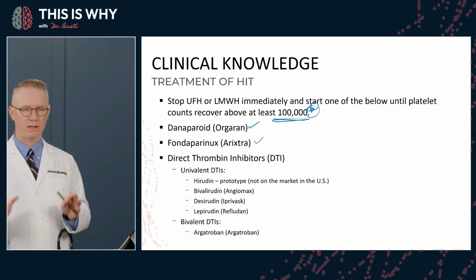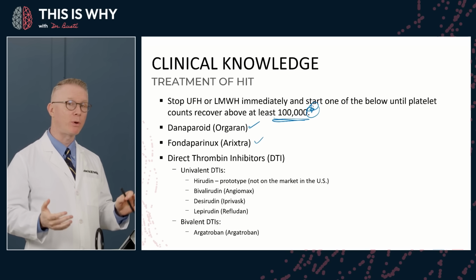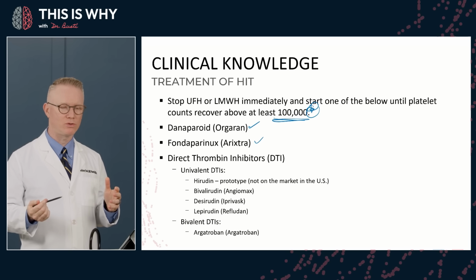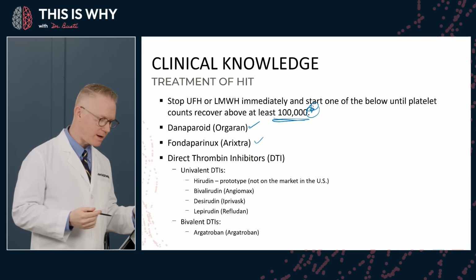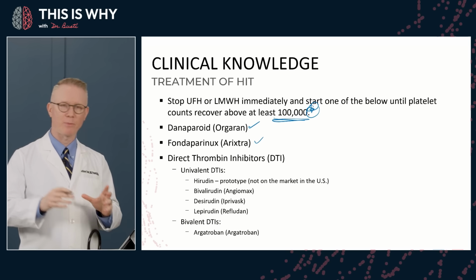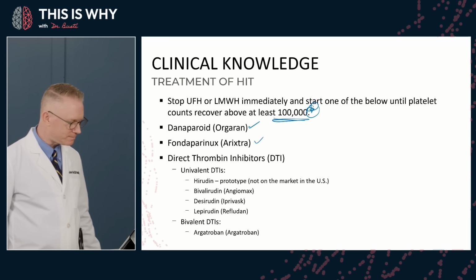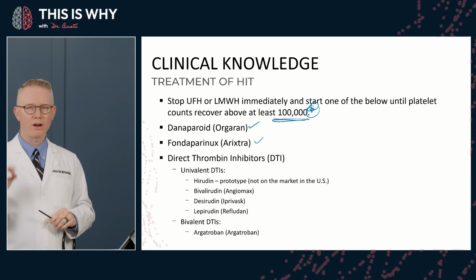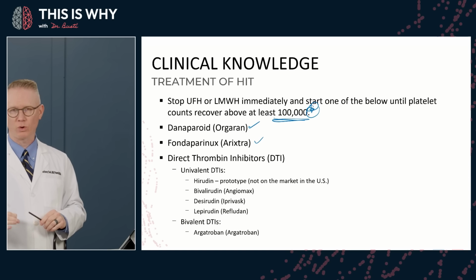And there are clinicians and hospitals that have protocols that allow you to use it. So if you see that being used, that's why, okay? It's the unfractionated heparin and other low molecular weight heparins that are gone. Now, direct thrombin inhibitors, those are the drugs of choice.